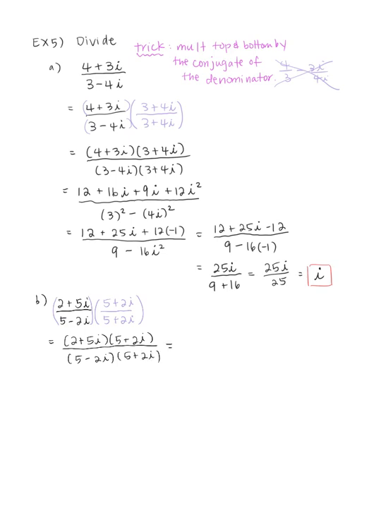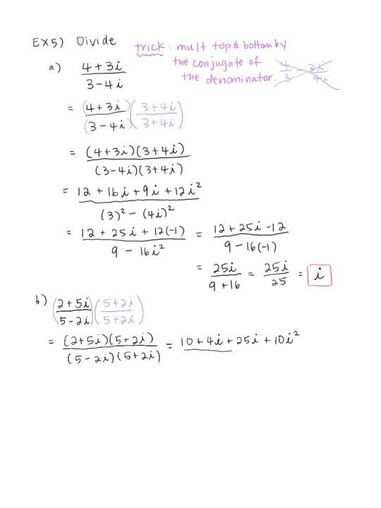Okay, so now let's multiply the numerators together. So we have to FOIL, so we're going to get 10 plus 4i plus 25i, and then plus 10i squared.